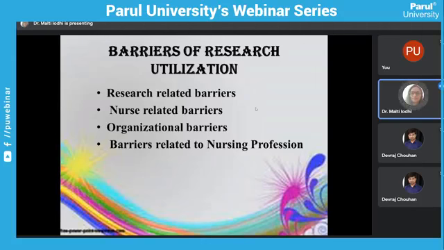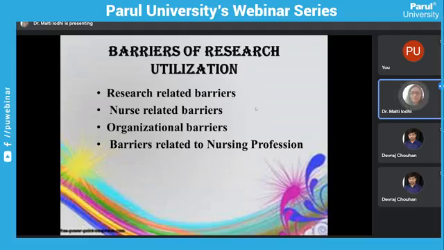Nurse-related barriers: nurses do not find the time to do research, they may have a lack of interest, and they may have a lack of knowledge regarding research, such as how to do it, what the methodology is, how to analyze. Maybe they don't know the methodology.